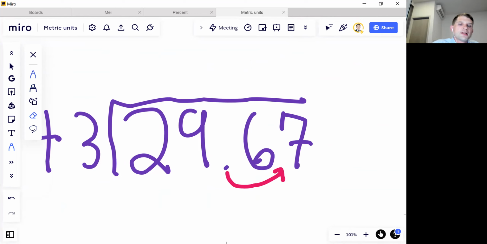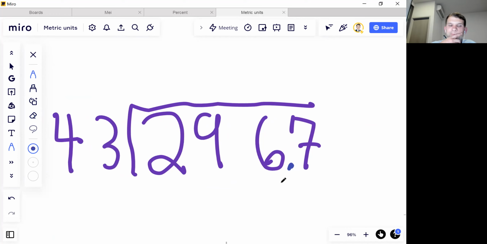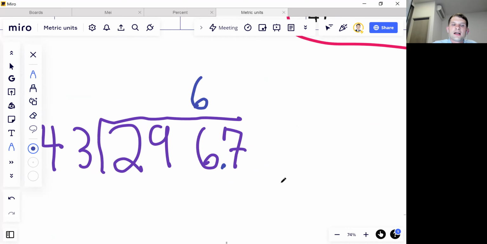So this is going to look like now this number, okay? So we have 296 and 7/10 here. So let's go ahead and divide this number now. Looks like we could probably go 43 goes into 296 6 times. So I'm just going to take 43 times 6 off to the side here really quickly.